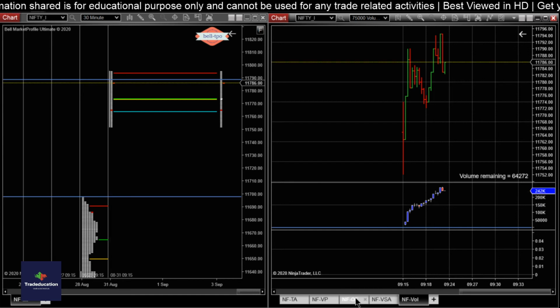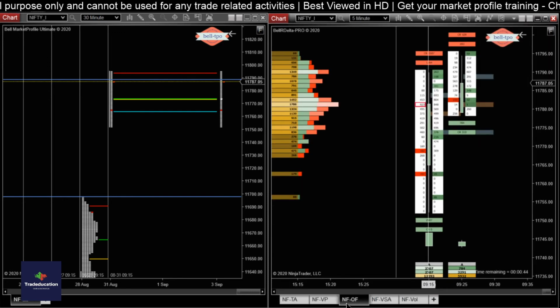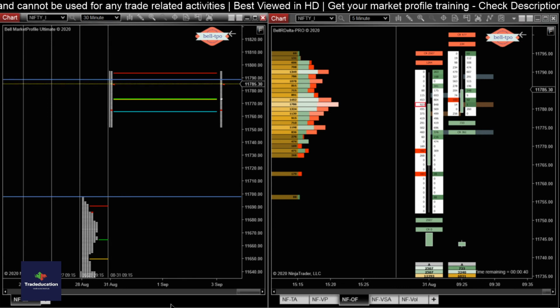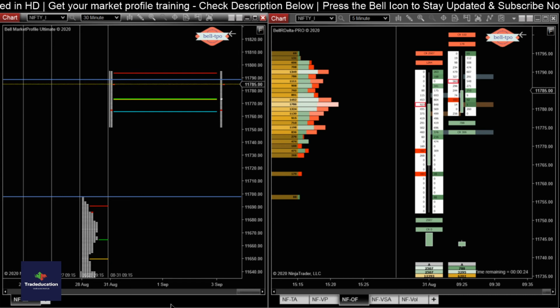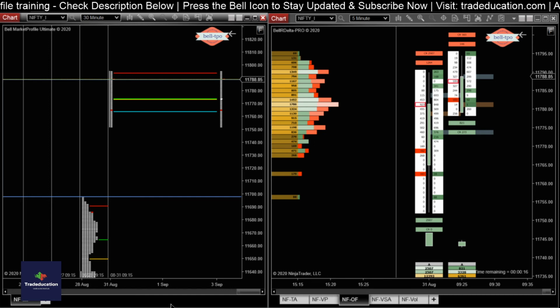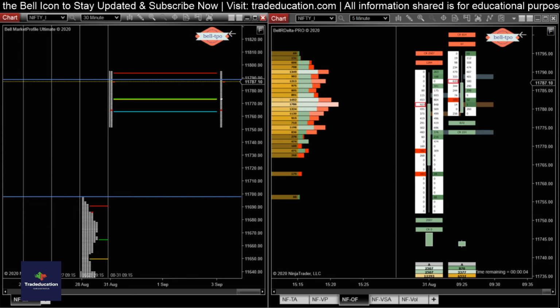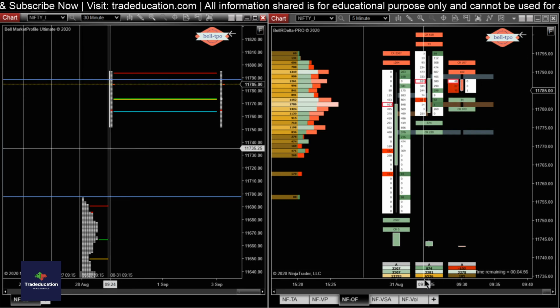So delta is turning flat, cumulative volume delta. Now sellers are stepping in. 6,536 contracts traded.